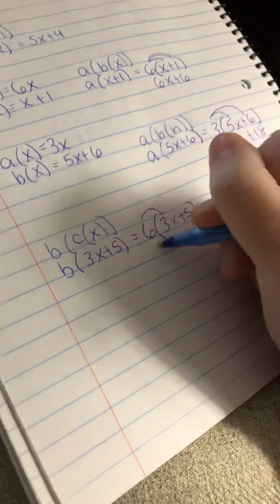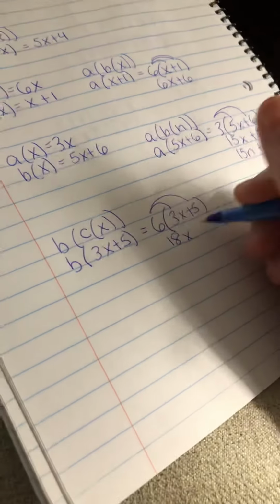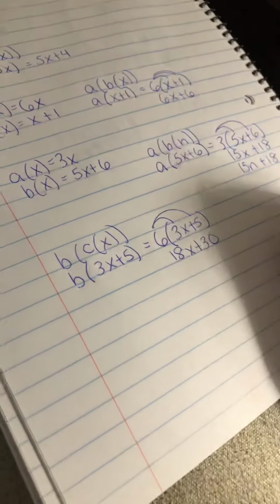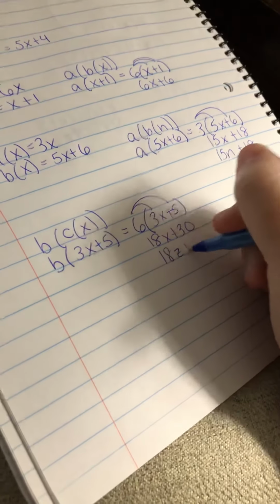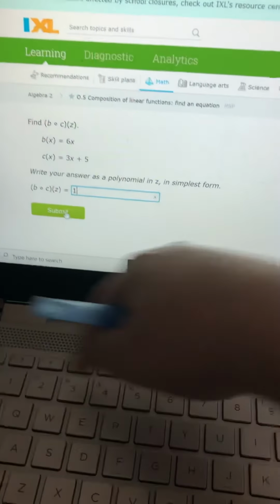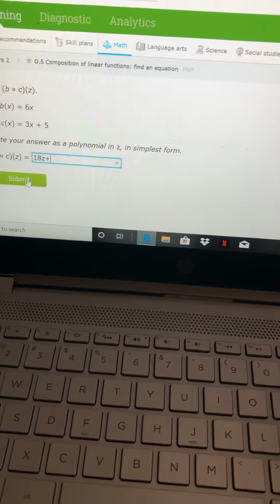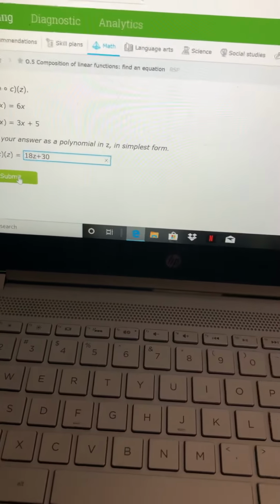So 6 times 3, that's 18X, and 6 times 5 is 30. Don't forget to change it to a Z this time. So 18Z plus 30.